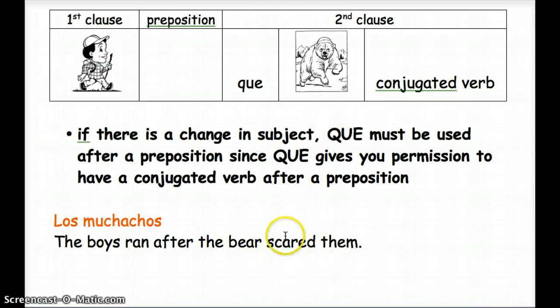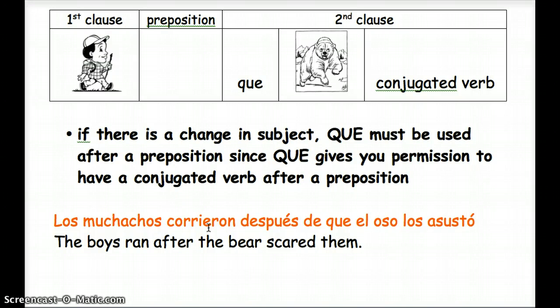And in order to have scared conjugated, we need that que. Los muchachos corrieron después de, here's where que goes in, el oso los asustó. Los muchachos corrieron después de que el oso los asustó.